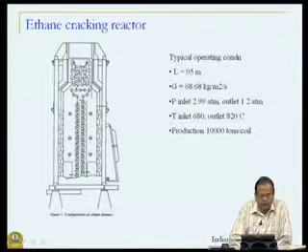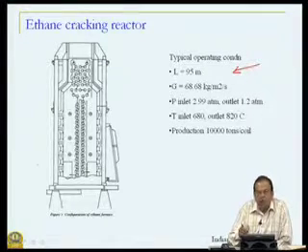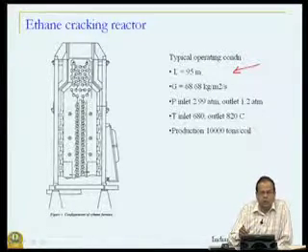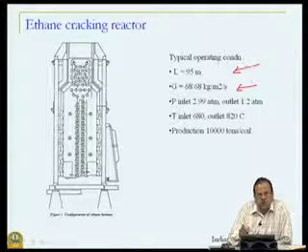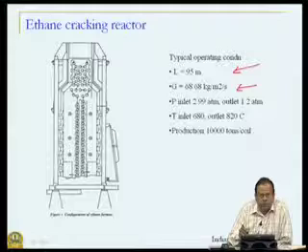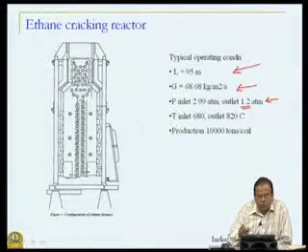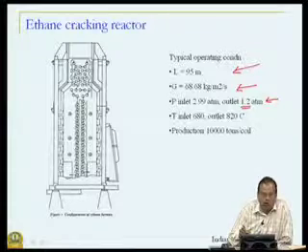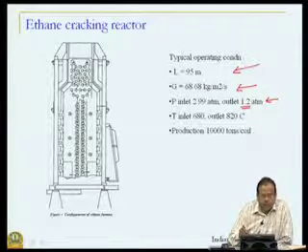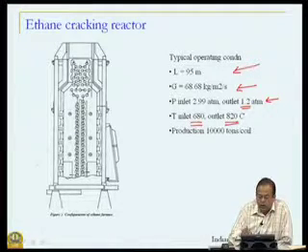I will explain what this furnace is, but typical conditions are: length is 95 meters, the gaseous flux is about 70 kg per meter square per second, inlet pressure is about 3 atmospheres, outlet pressure is about 1.2 atmospheres, and we will come back to this factor when we talk about the design of this reactor. The inlet temperature is 680 and the outlet is 820.